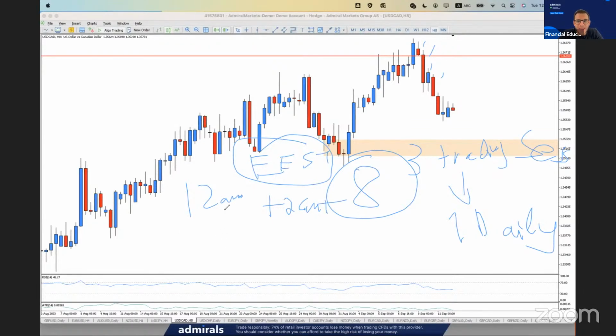So 12 a.m. local time, broker time, until 8 a.m. is when the Frankfurt Stock Exchange opens. So you take pretty much the duration of the Tokyo Sydney session really well, all in one candle.